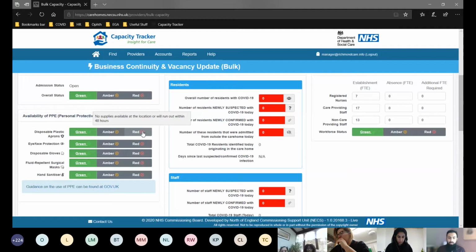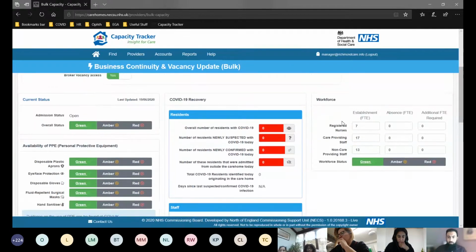But again, it's very specific. Red if it's under 48 hours, and then amber if it's within 7 days. There is further guidance on gov.uk around the use of PPE as well. And then on the right-hand side, again, one of the boxes that we've had previously for some time is around workforce.